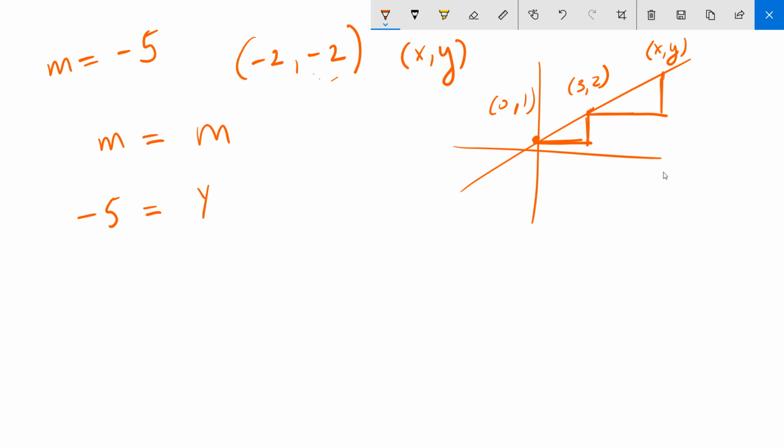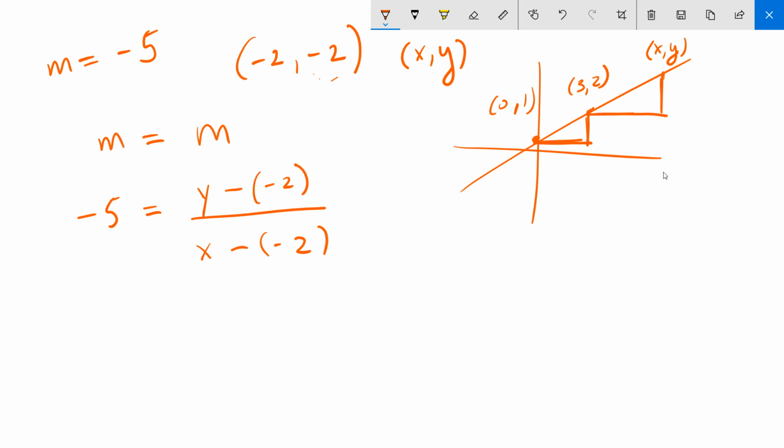So I'm going to say y minus -2, and then the difference between the x's, x minus -2. That's pretty much it. All you have to do is clean it up after that, but that's the equation of the line. So just the slope, -5, is equal to the rise over run. Leave one of your points as variable, x and y. The other point is the point that they give you. In this case, -2, -2.